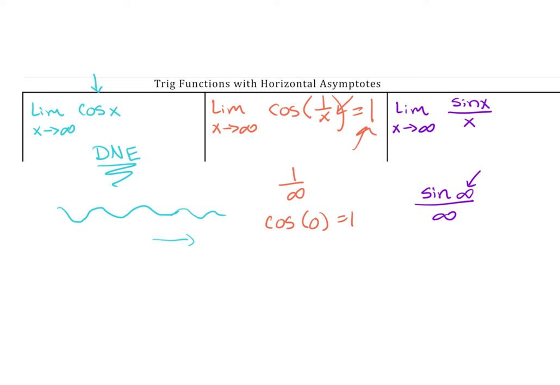Plugging in a really large number, the y values are going to range from 1 to -1. And then on the bottom, if we have somewhere between -1 and 1 over a really large number, this will be 0.